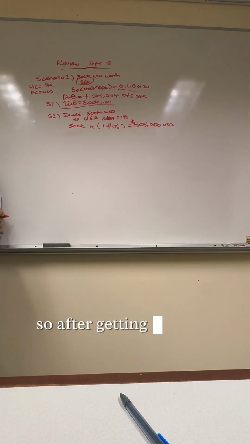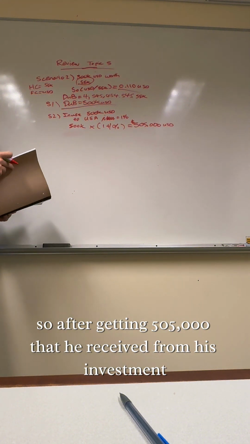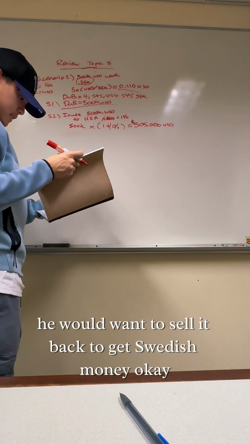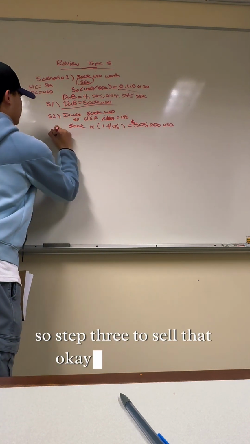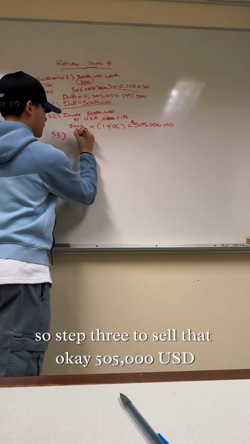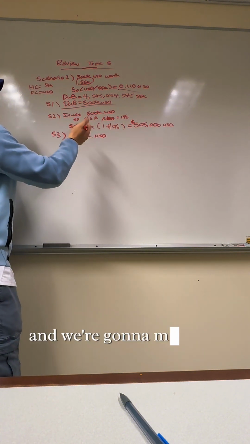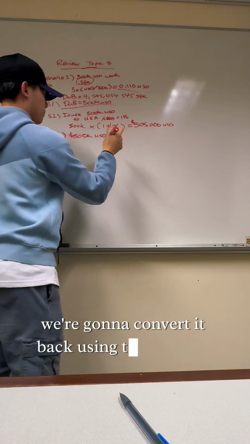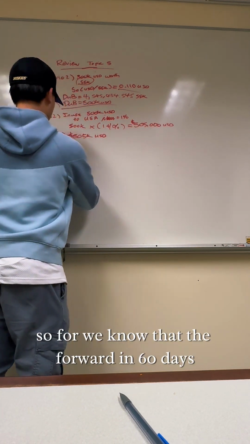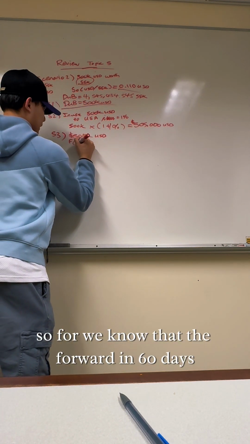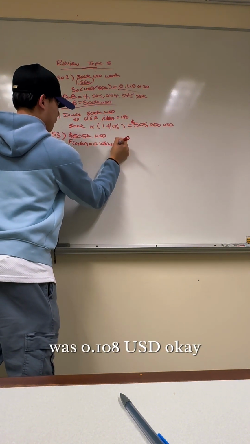Okay, so after getting the $505,000 from his investment, he would want to sell it back to get his Swedish money. So step 3, to sell back. 505,000 USD, and we're gonna convert it back using the forward rate. We know that the forward in 60 days was 0.108 USD.